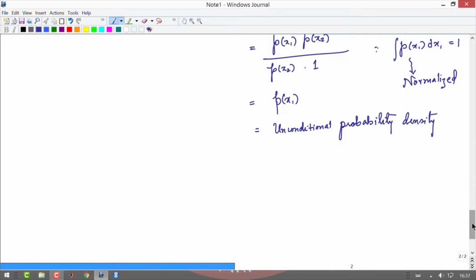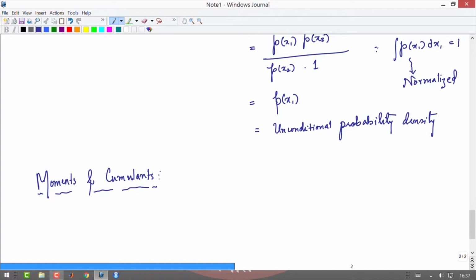Right. So now we quickly move to the next topic, which is basically the calculation of moments and cumulants in such multivariable distributions.